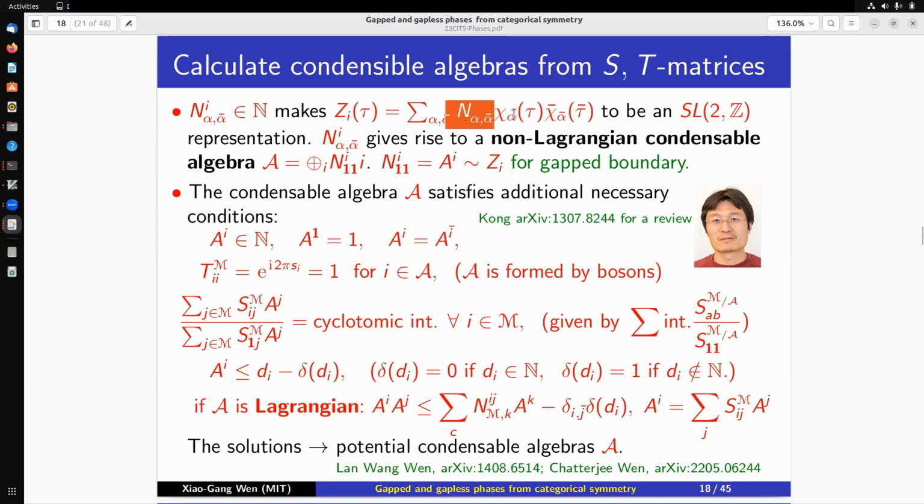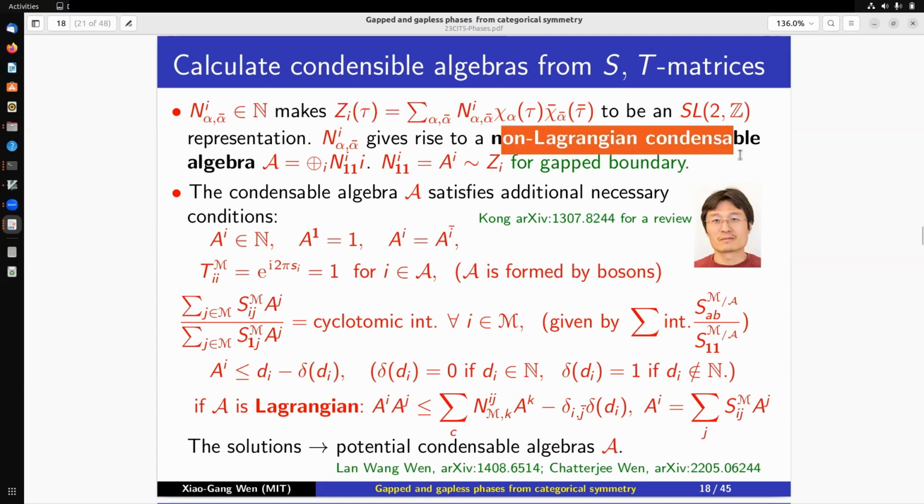So we'll go back to this a little bit later. So then using this conformal character, we can construct this partition function. Okay. And this kind of partition function usually describes a so-called non-Lagrangian condensed algebra. It's a smaller condensed algebra.